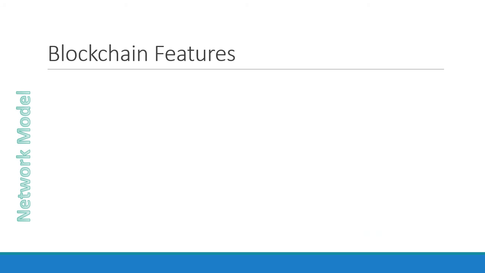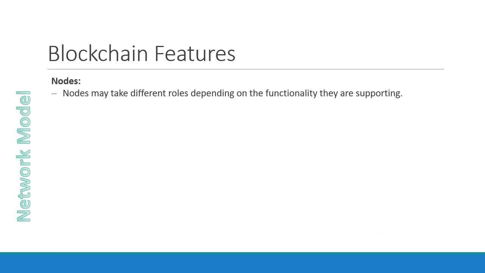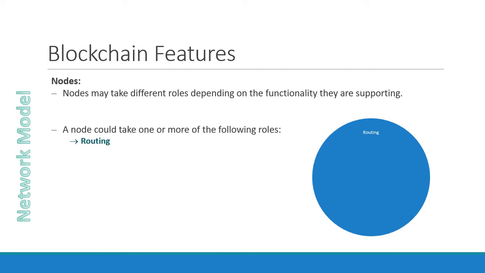As we mentioned earlier, nodes may take different roles within the network. The routing nodes are responsible for receiving and forwarding messages, maintaining connections with peers, validating and propagating transactions and blocks. The maintaining nodes are responsible for maintaining a replica of the blockchain and autonomously verifying it.